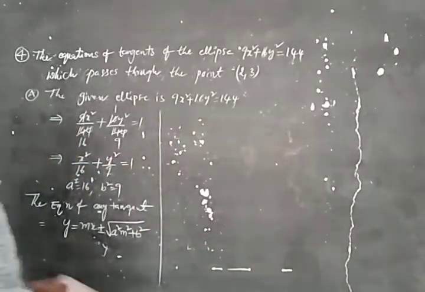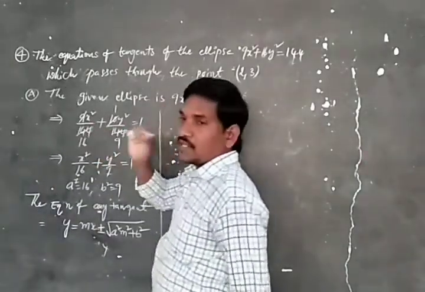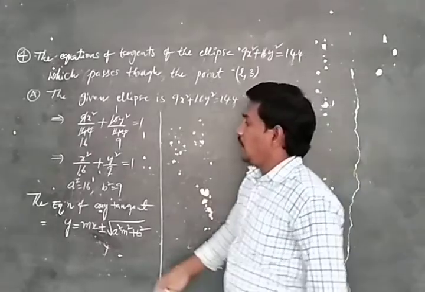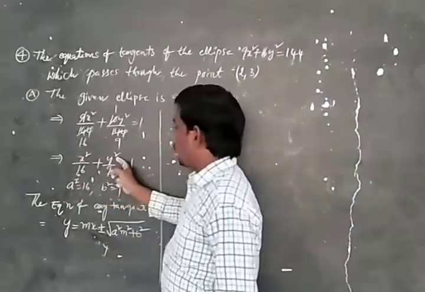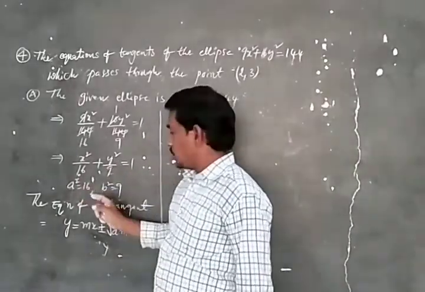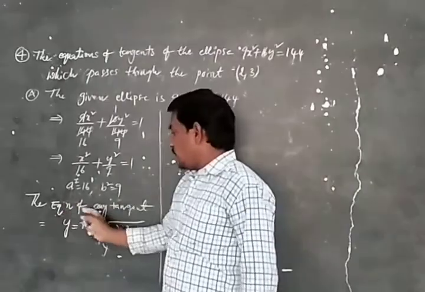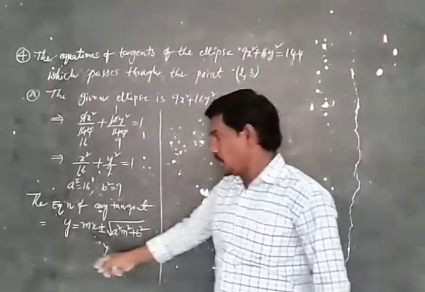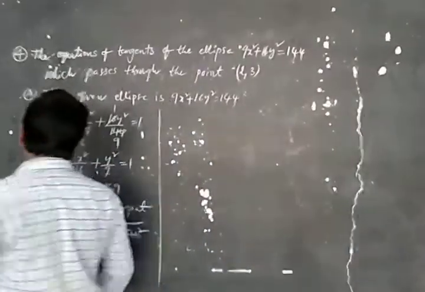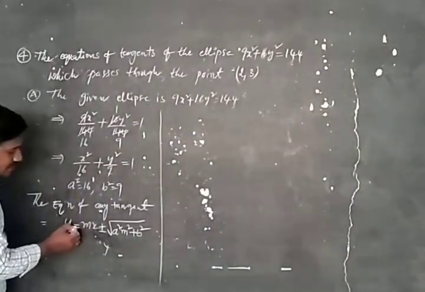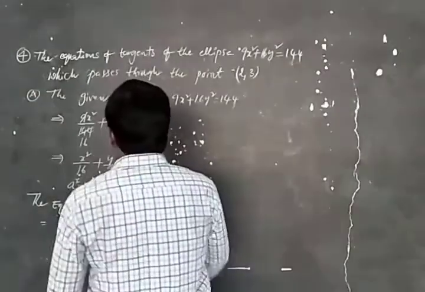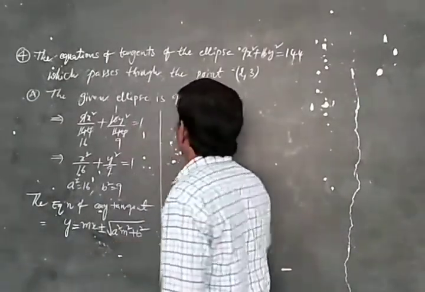The given ellipse is x square by 16 plus y square by 9 equal to 1, with a square equal to 16 and b square equal to 9. The equation of any tangent to the ellipse is y equal to mx plus or minus root of a square m square plus b square.